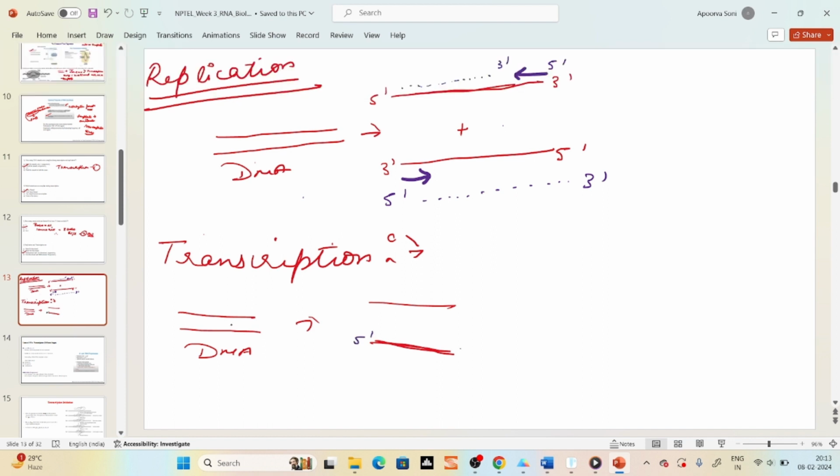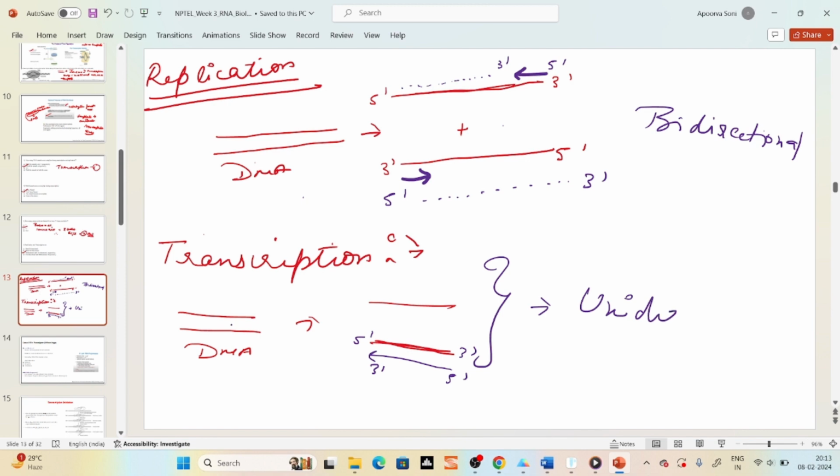If it is 5 prime to 3 prime, this is the direction. There is no other direction because only one strand is acting as a template. Therefore replication is bidirectional, whereas transcription is unidirectional. I hope it is clear to you.